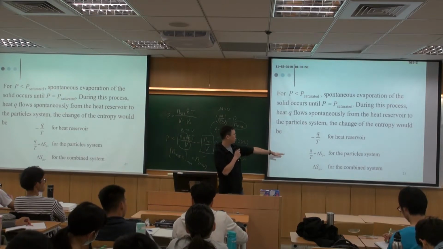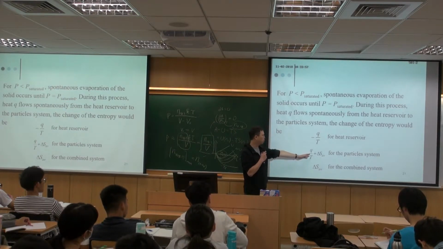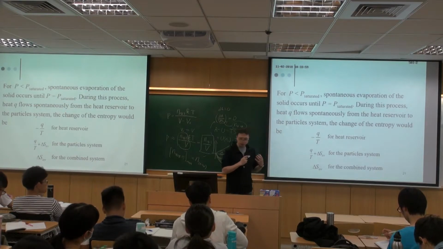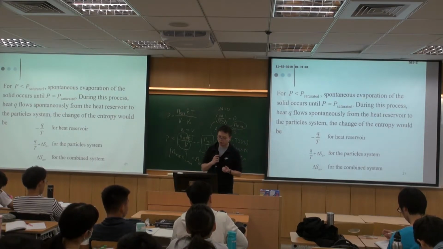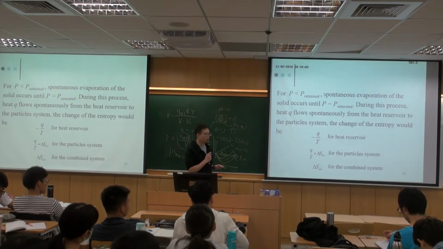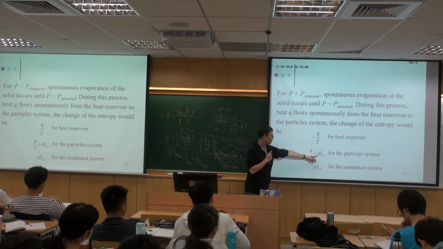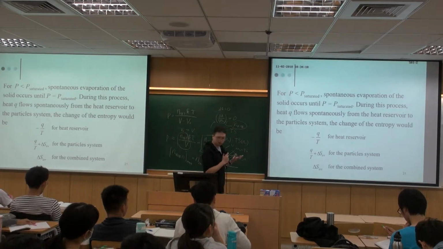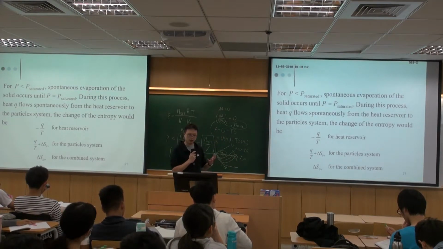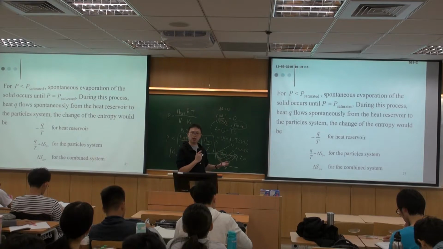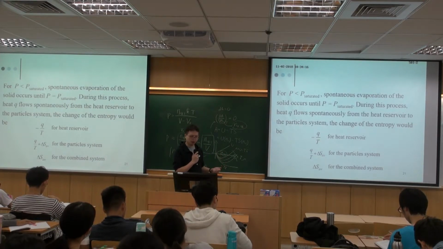So although you have an increase of entropy due to the heat absorbed, Q over T, at the same time you also have this irreversibility entropy, ΔS_irr. So for the particle system, you have this extra term. Combining these two together, this is exactly the same as what we mentioned in chapter 3, I think.